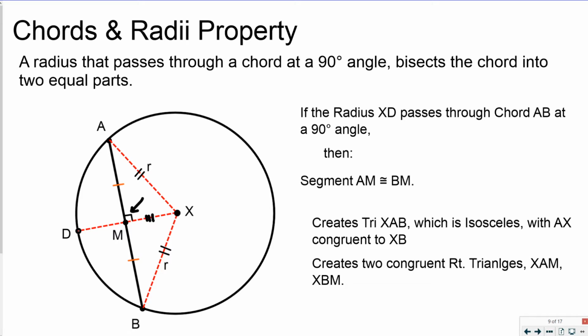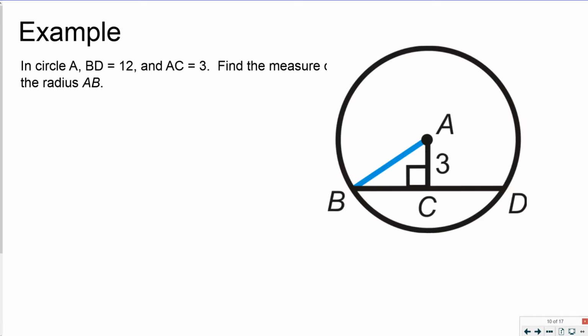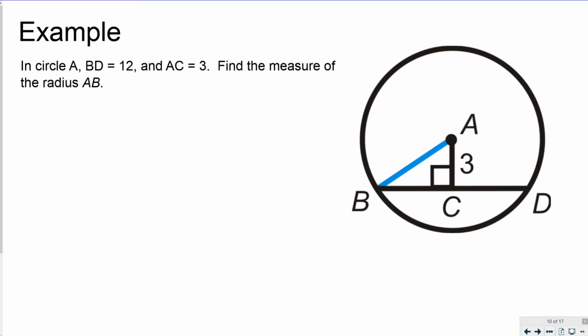So let's take a look at this property in action. So in circle A, BD equals 12 and AC equals 3. Find the measure of the radius AB. So let's start off with things that I know.